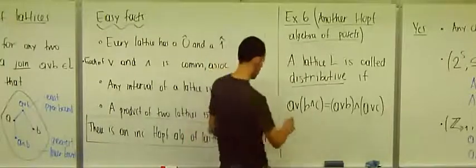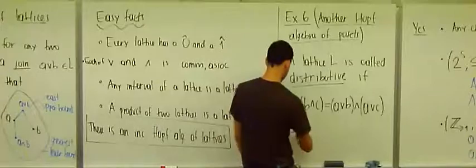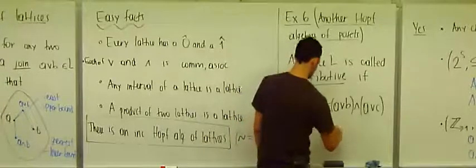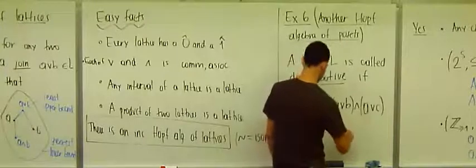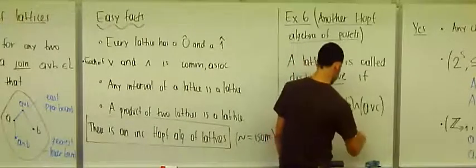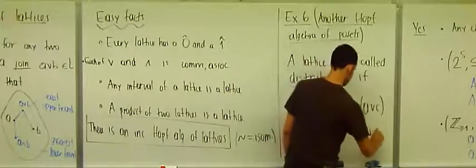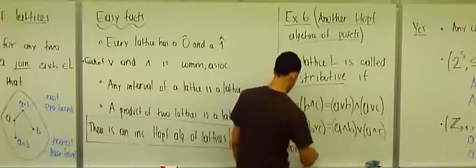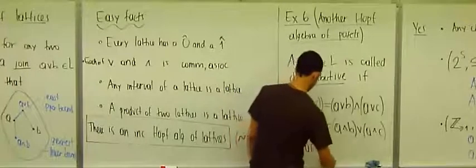Or should I say the other way around? Whichever way, this should hold for all A, B, and C in my lattice.